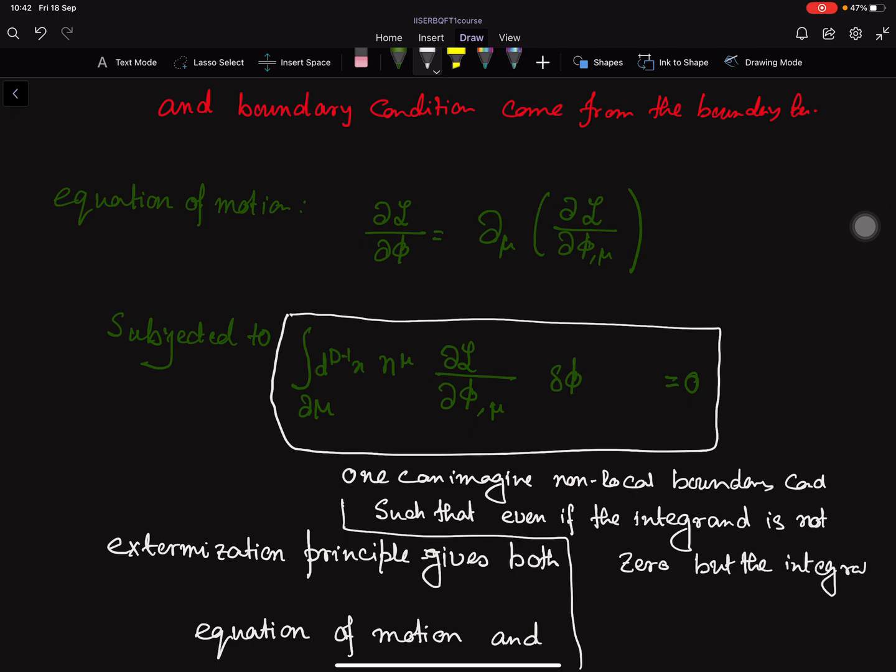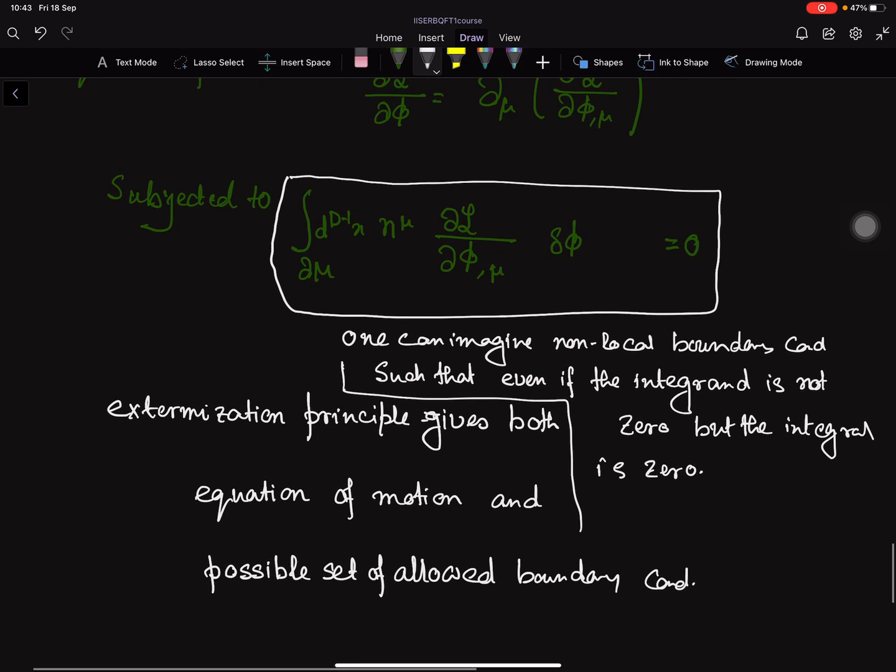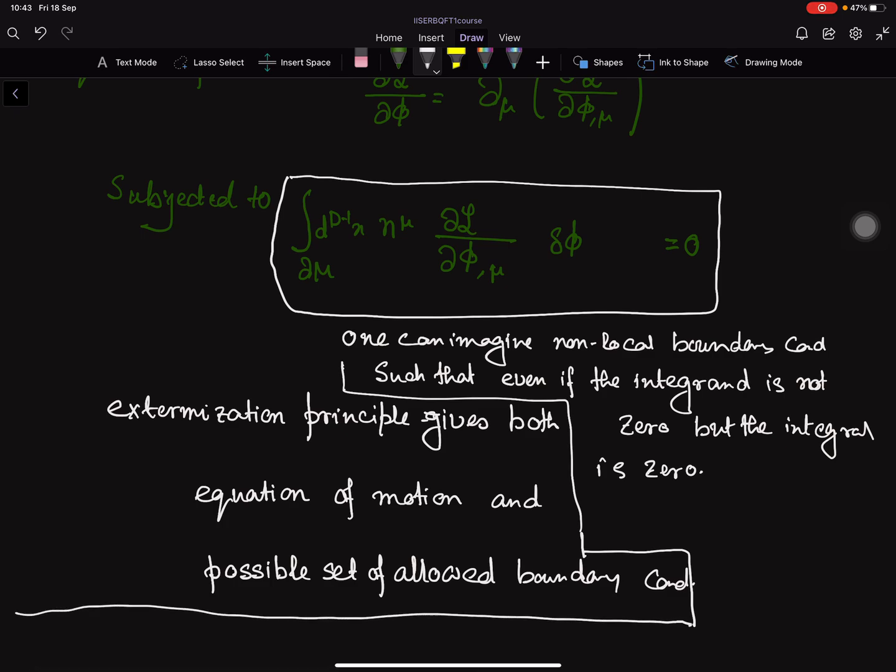So this is allowed. Nobody says that you have to choose a local boundary condition so that the integrand has to vanish. As long as the integral vanishes, even if the integrand may not vanish, it is still fine.